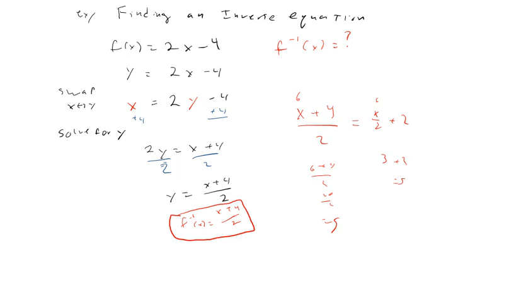You could do this, but I would just leave it as a fraction. What you can't do is just make it x plus 2. That would be wrong. You don't just do the 2 and the 4.